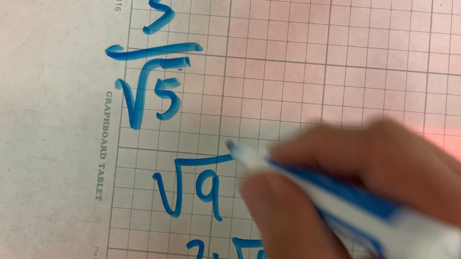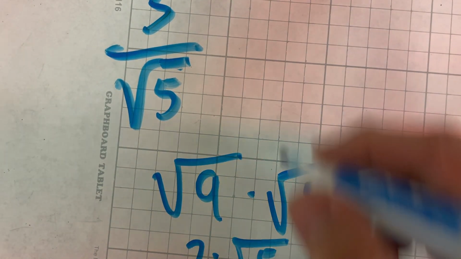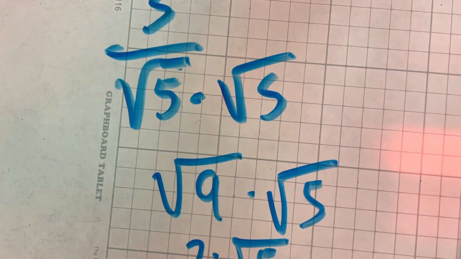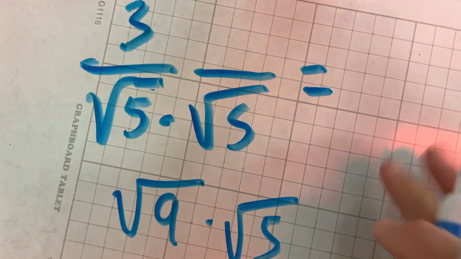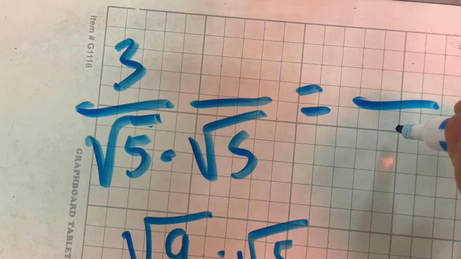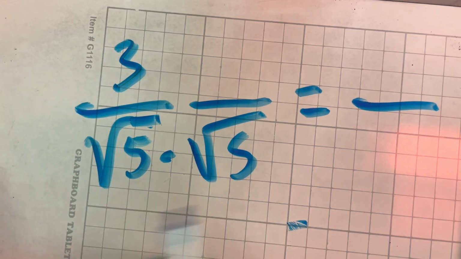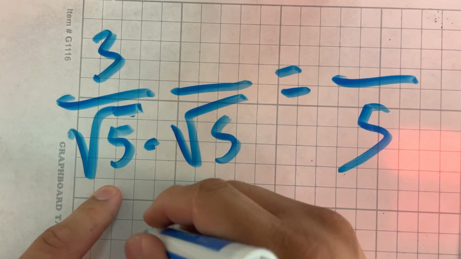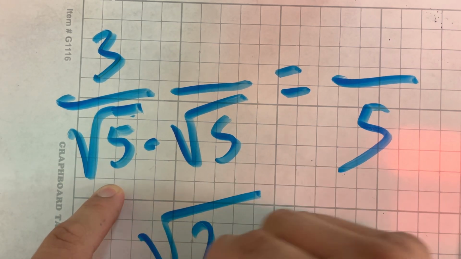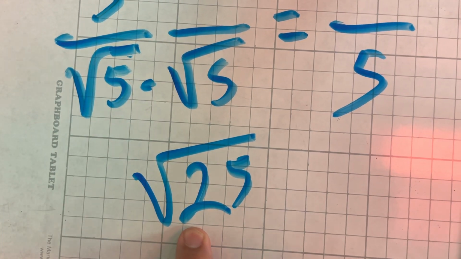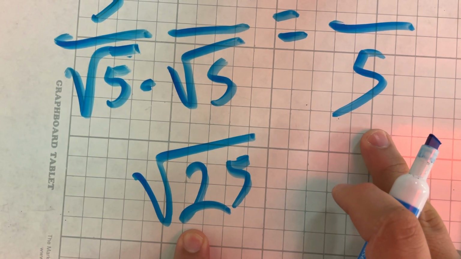So up here, I want to get rid of the square root of 5 in my denominator, so I take the square root of 5 times itself. Why? Because in the end, anything times itself is the number that's underneath. The reason being is because the square root of 5 times the square root of 5 is the square root of 25, which is just 5.